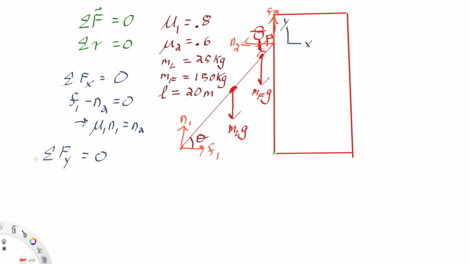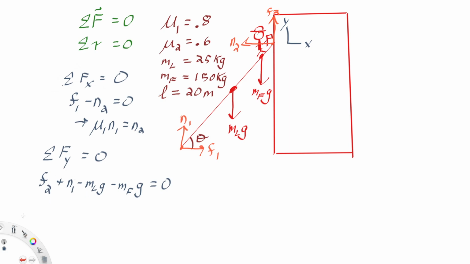In the positive direction, we've got the friction from the building and the normal force from the ground, and in the negative direction, we have the weight of the ladder and the weight of the firefighter. And again, we would like these to sum up to zero.